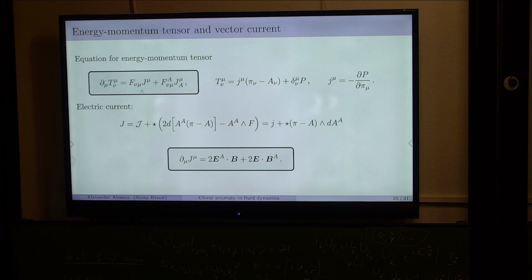So this is the covariant electric current. And it's given by this formula. So it's the original current but corrected by this expression. And you can show that the divergence of this current is equal to this, which again should remind you that this is like F times F axial term, which should remind you of the Dirac fermions again. But okay.